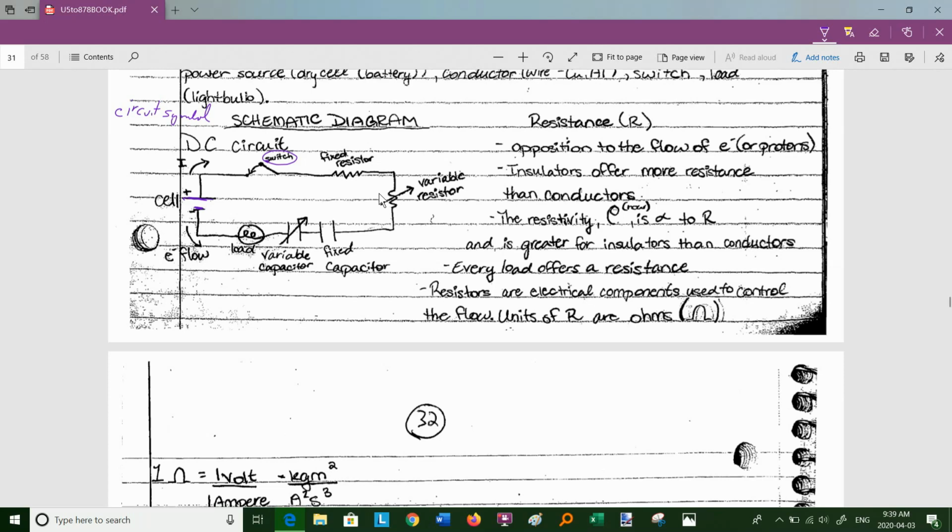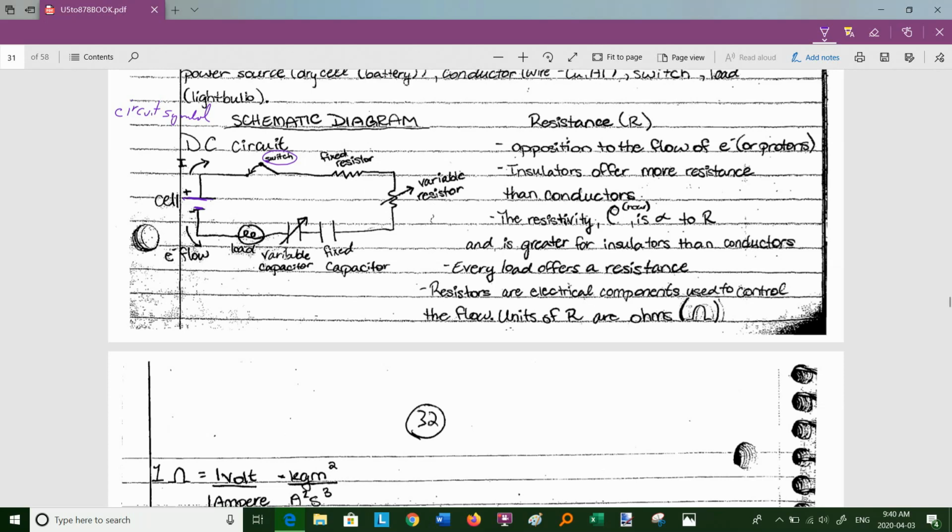Those are examples of variable resistors. So the symbol is the same, the little jagged lines, but you have this diagonal line going through it. That means variable. Then, just for fun, I threw in a fixed capacitor and a variable capacitor.